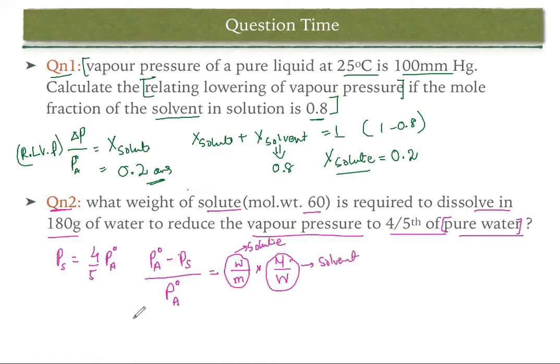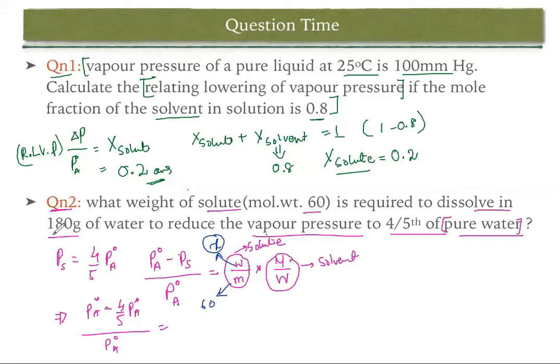So just put in the data values. PA naught minus PS is 4/5 of PA naught, divided by PA naught. Small w is what he is asking, so let's suppose this is X, the amount required to dissolve, and the molecular mass is given as 60.